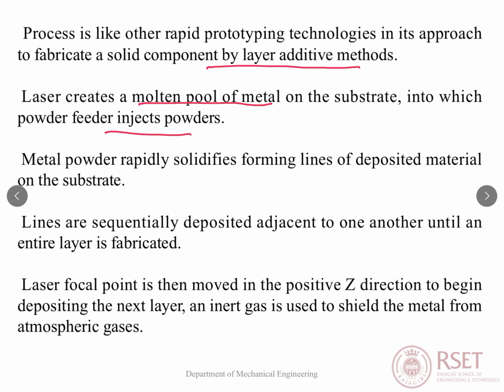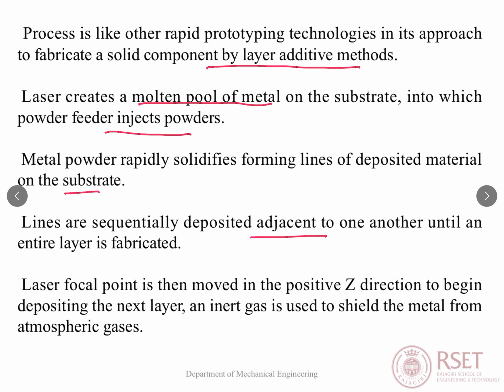Here in the image we can see a separate powder source along with laser heating. The metal powder rapidly solidifies, forming lines of deposited material on the substrate. The lines are sequentially deposited adjacent to one another until an entire layer is fabricated.